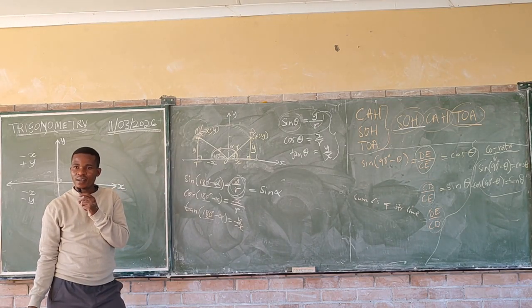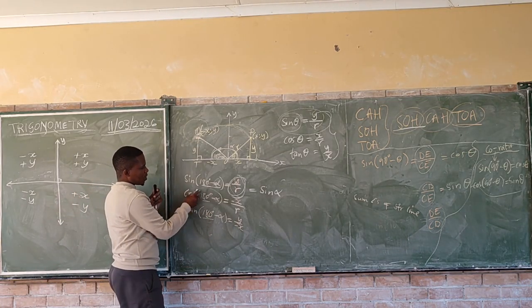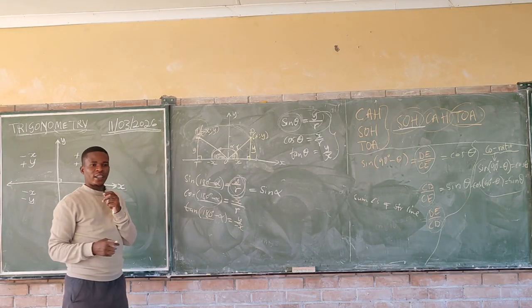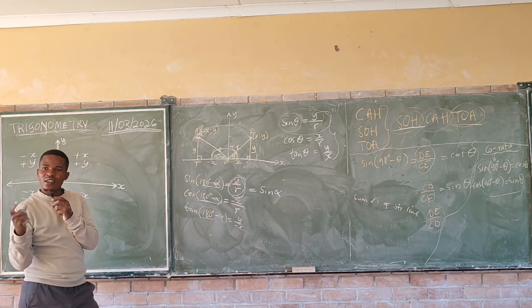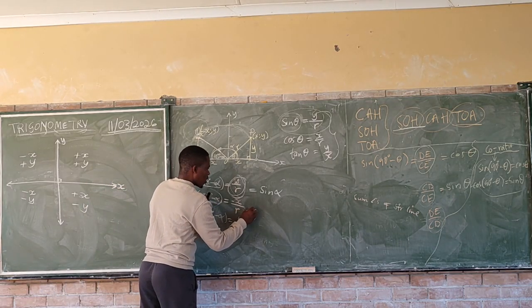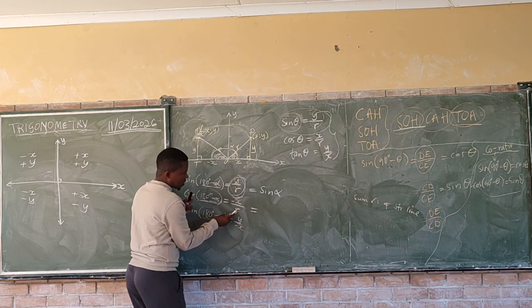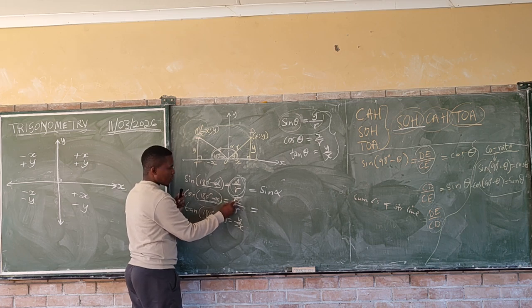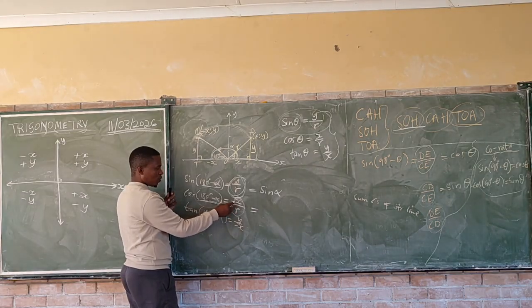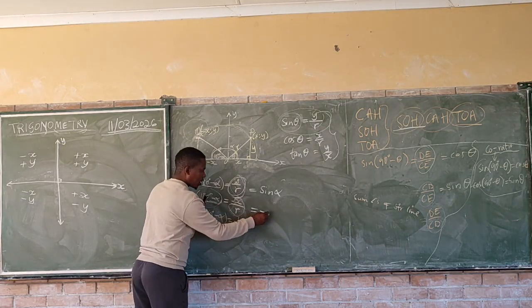Does it make sense? So, 180 minus theta, this angle is also an acute angle that can be in the first quadrant. In our first quadrant, we have this again, then the negative is not there.